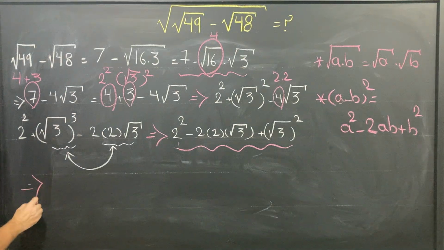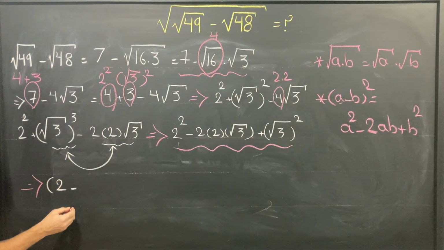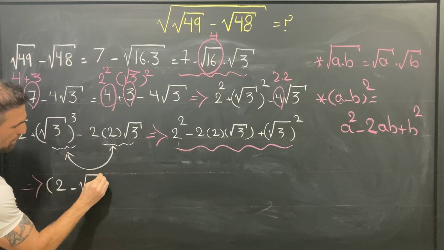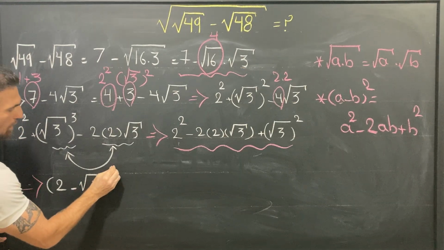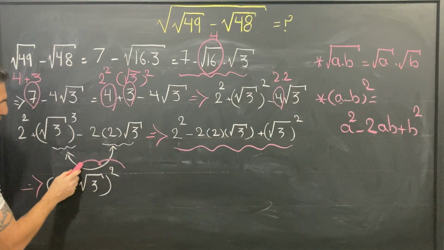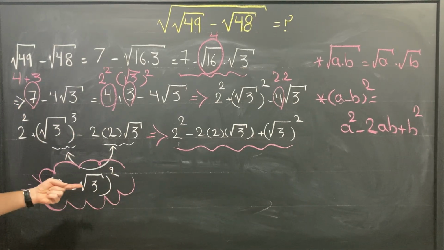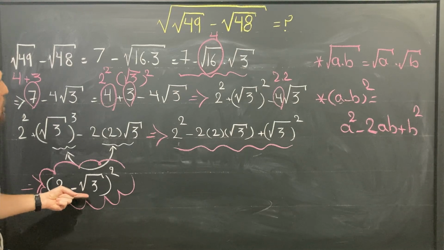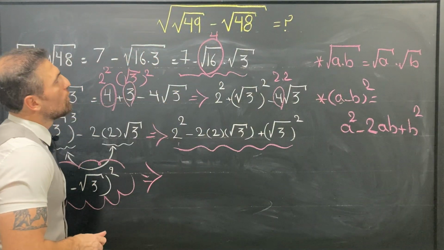Look, first term squared minus twice the product of the first term and second term plus second term squared. So it's going to be 2 minus square root of 3 squared. And this is our inner part. Now we are going to put this inner part in our original expression. Let's see what happens.